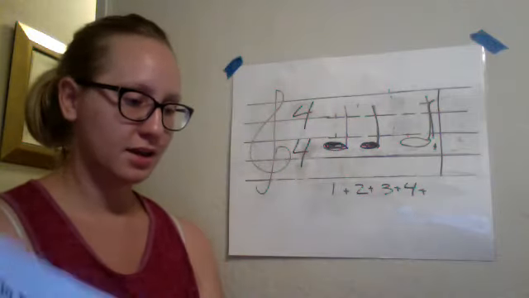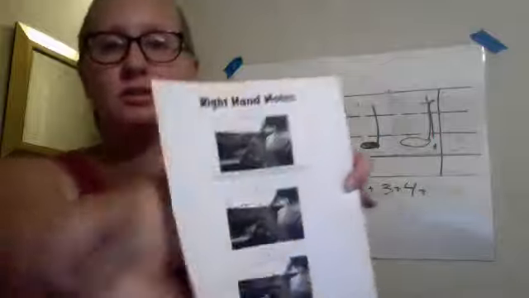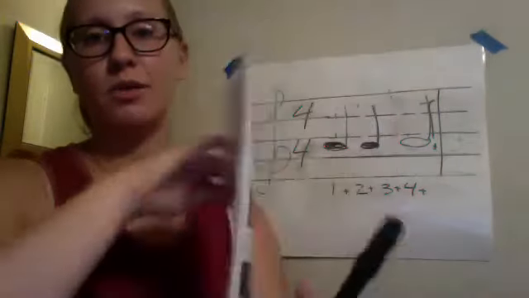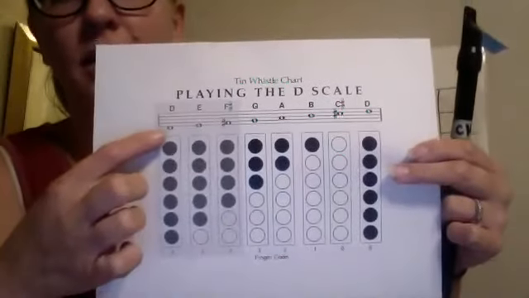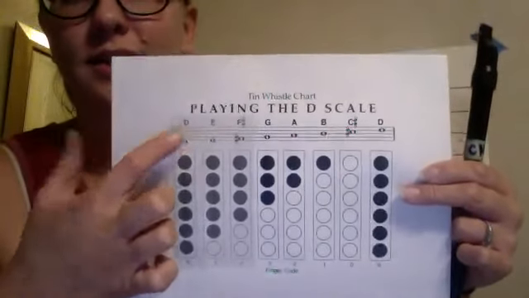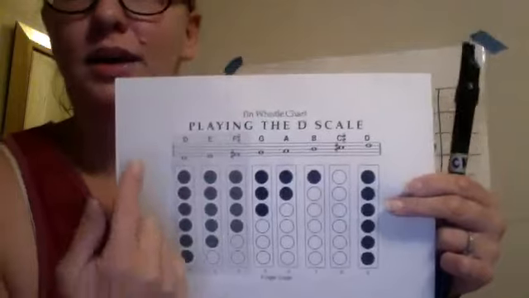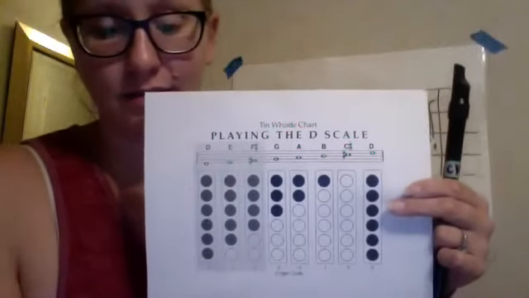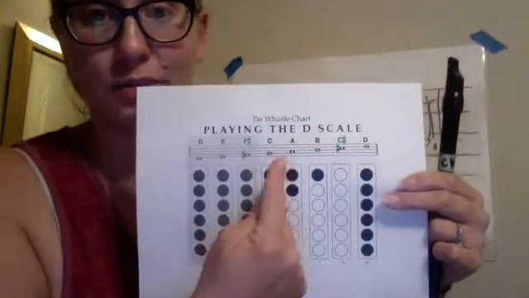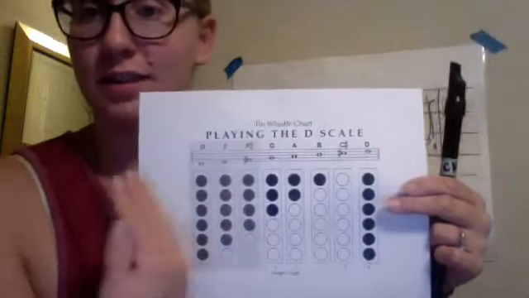Okay, and here are some pictures. I think that you probably have this, or you can look it up online. And here are the right hand notes, D, E, and F sharp. Playing the D scale, you have F sharp and you have C sharp. That's in the D scale.